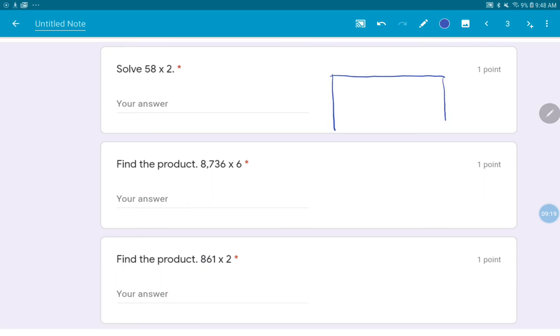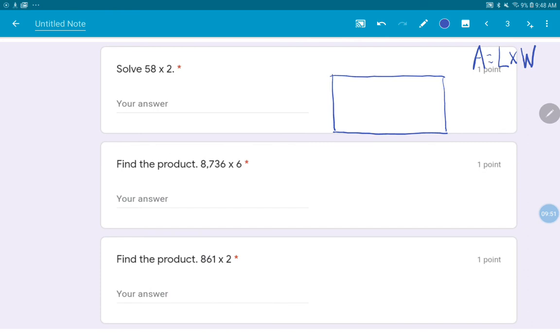If I had this rectangle, how would I find the area? I multiply 2 parts together. What are those 2 parts? What's the formula for finding area? Area equals length times width. Area equals the length times the width.